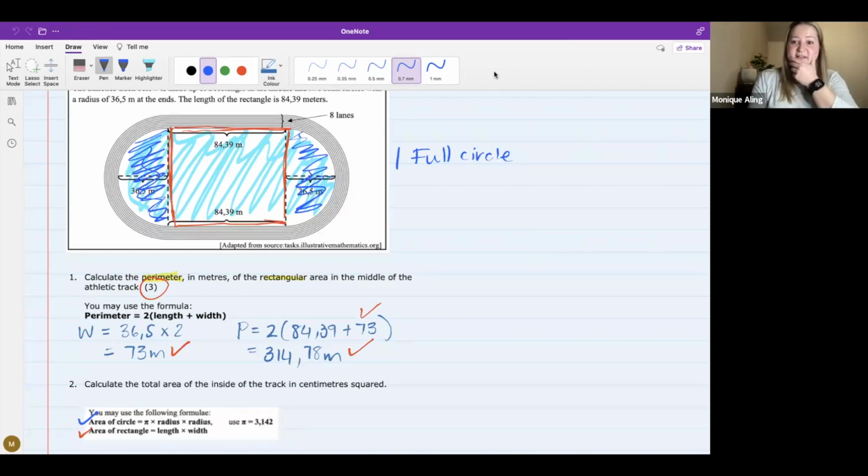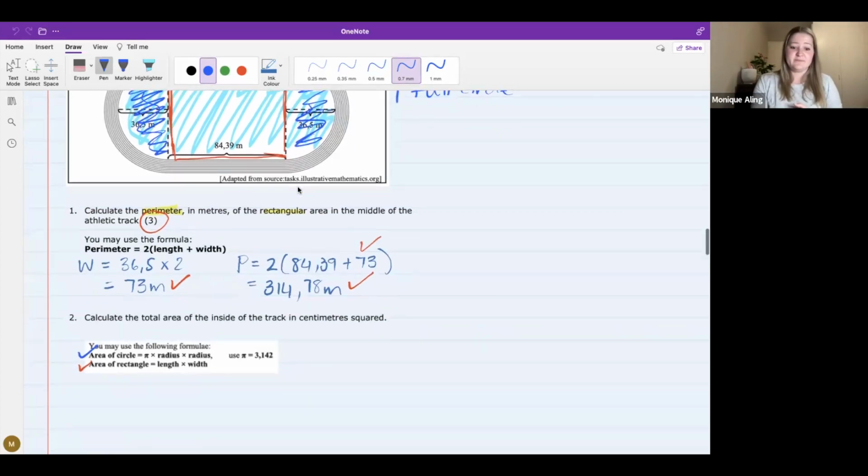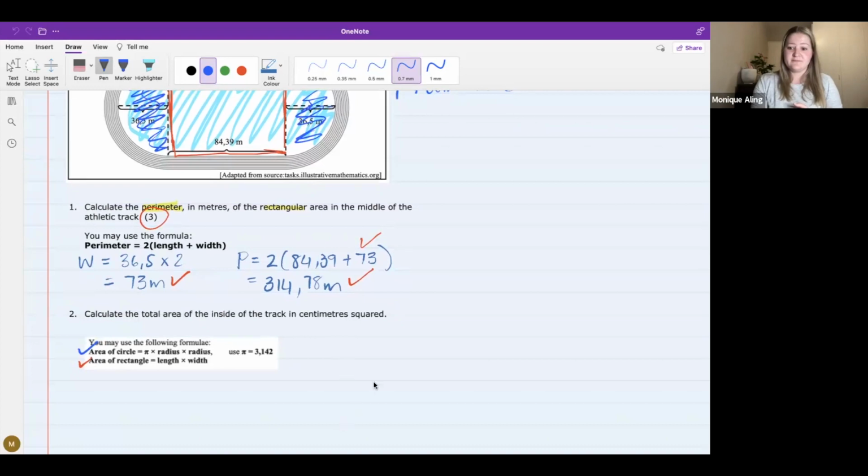Okay, so let's have a look at this. Is there anyone willing to tell me, speak up a little bit and tell us how they got the area of the rectangular part? A nice and easy one. Anyone? Okay.